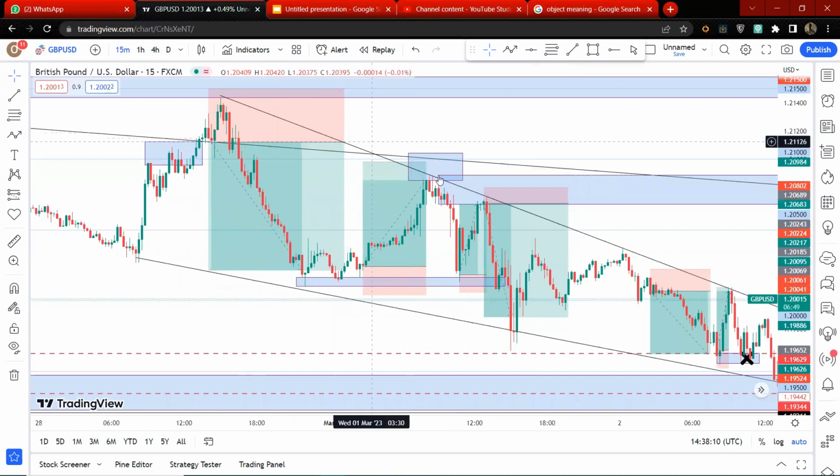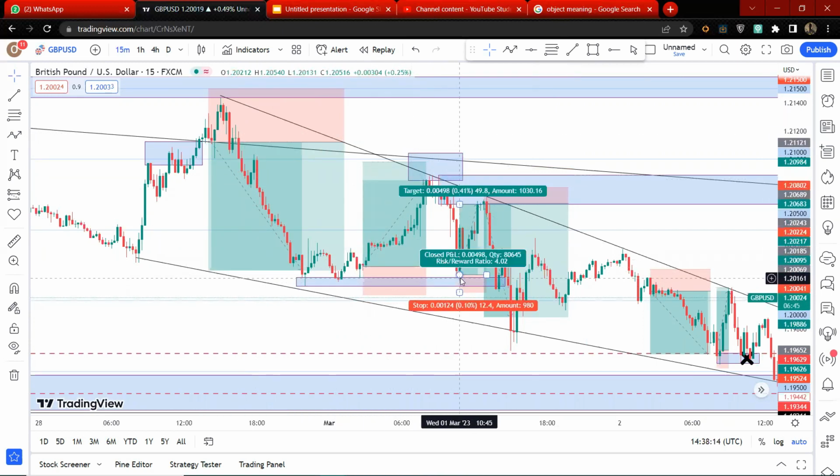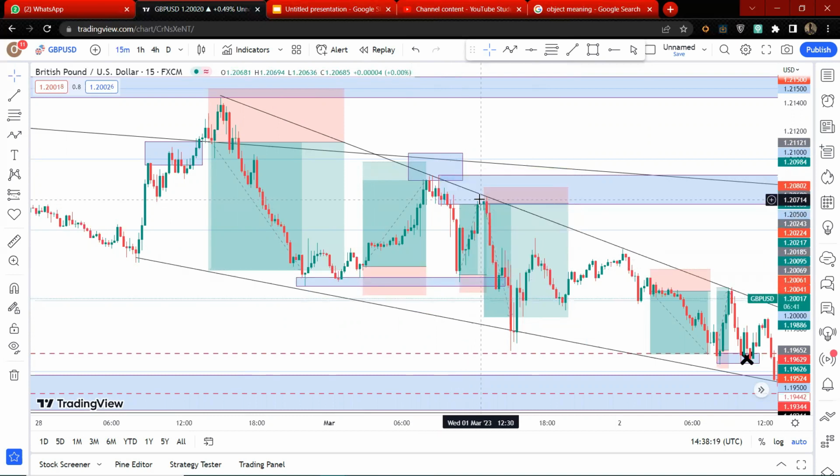When it formed this lower high, we drew a trend line. The market came back in here and bounced off our support. I told you guys this is a quick scalp, let's take the buy. It bought up to this level.